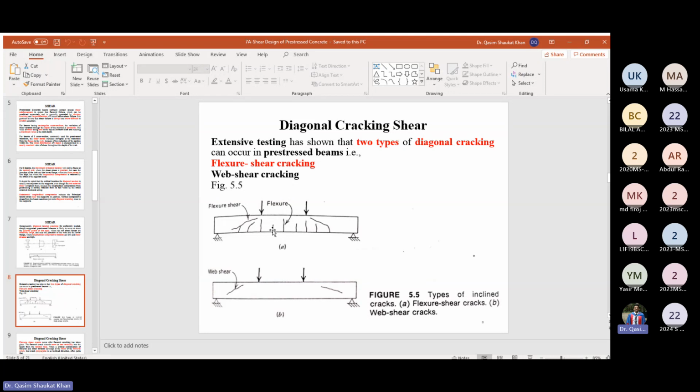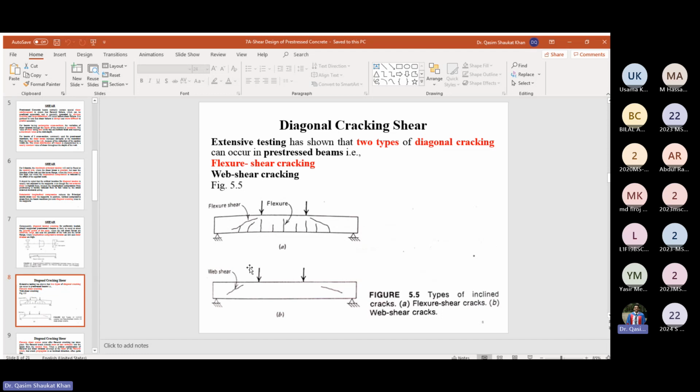Today's target is to design the pre-stressed beams so that they are safe in shear, because shear failure is abrupt. When we say abrupt, it means it gives less warning, whereas tensile failure is more ductile and gives a warning before the failure.